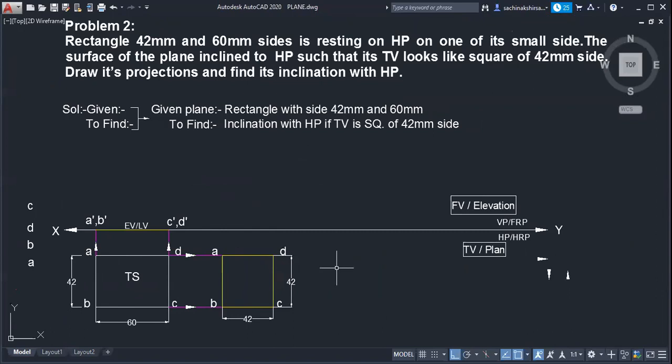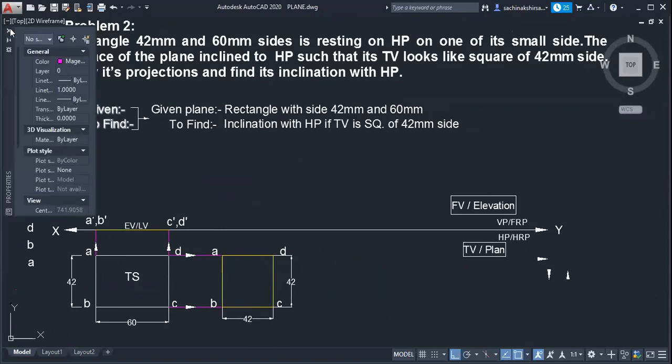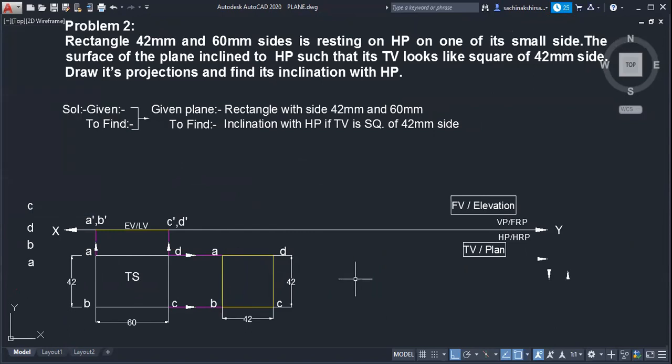After this, we have to draw the projection line like this, up to here and from here in the upward direction. In this way I have to draw the projection now. So A dash B dash should still remain on XY.